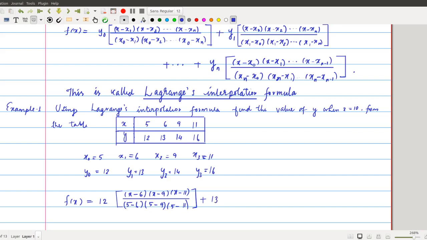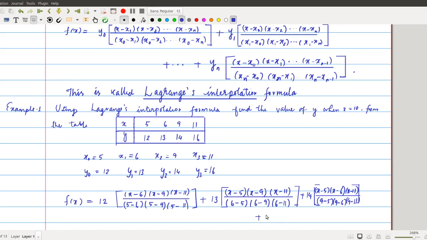Y1 is 13 here, so 13 times x minus 5, this is x0, we avoid x1, so the next will be x minus x2, that is x minus 9, and the last term will be x minus 11, divided by x1 minus; x1 is 6, so 6 minus 5, 6 minus 9, 6 minus 11, plus now we have y2 is 14, so 14 times x minus 5, x minus 6, x minus 11, divided by 9 minus 5, 9 minus 6, 9 minus 11.